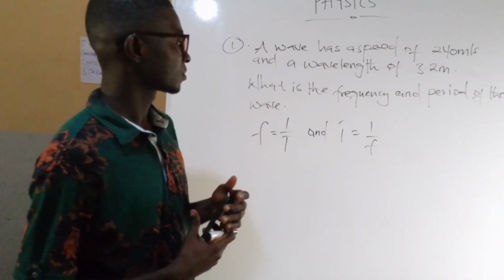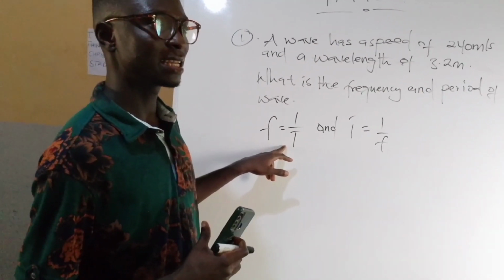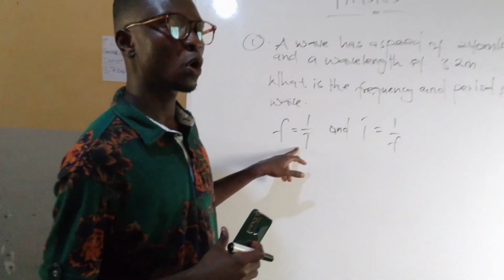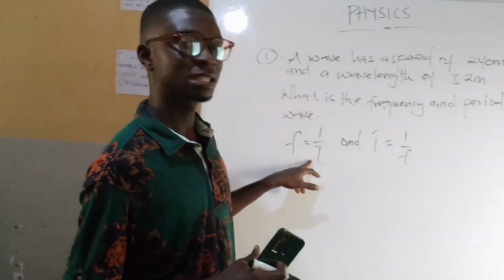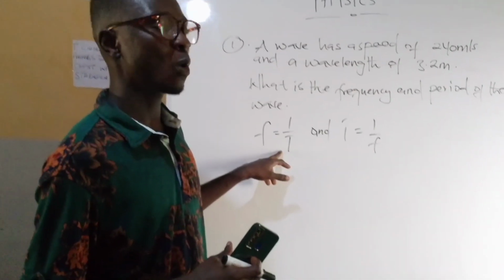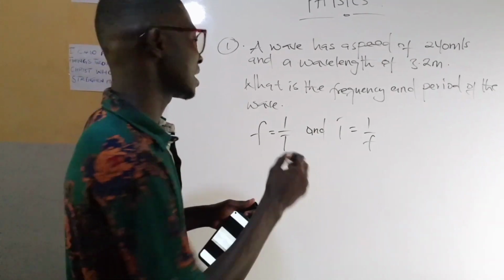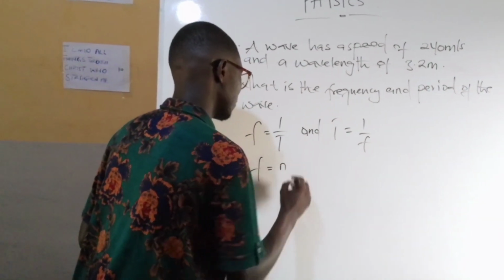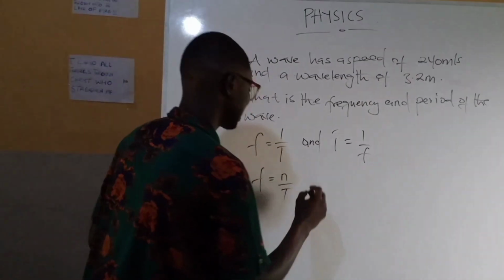But before then, this particular mathematical representation applies when the time taken to complete just one oscillation is considered, that is, just one oscillation is being completed. So what happens if the number of oscillations is more than one? Then we say that frequency is equal to the number of cycles completed within a time frame.